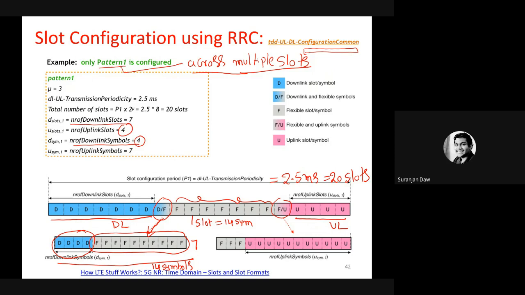So this is one subframe, right? Like what we are seeing as DDD, FFF, and UU. Which one, the top illustration or the bottom one? This one, like DDD, then DF, FFF, FU, and UU. No, no. This is over a span of 20 slots.